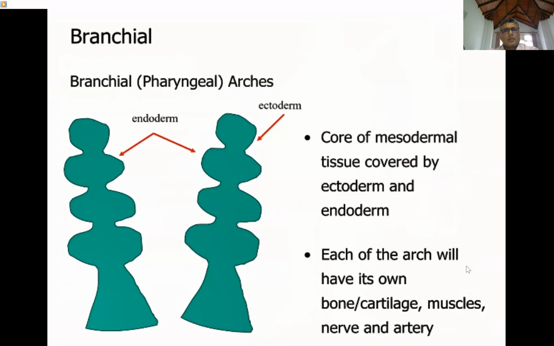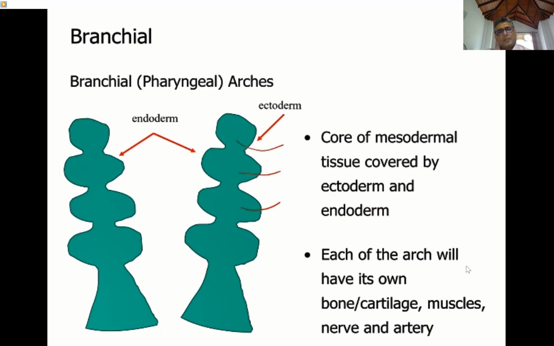When it comes to the head and neck region, some of the muscles, skin, bones, cartilages and ligaments in the head and neck region develop from what are called branchial arches. And the branchial arches, when they give rise to structures, there is an arch nerve that goes with the structures and supplies it. So for instance, the first arch nerve is the mandibular division of the trigeminal nerve, and the second arch nerve is the facial nerve, and so on.